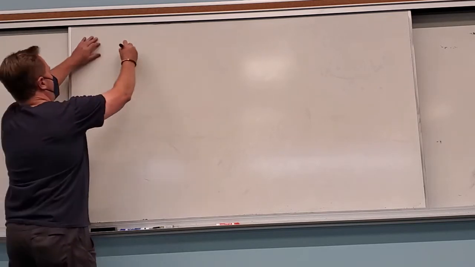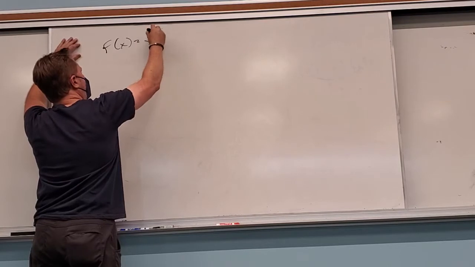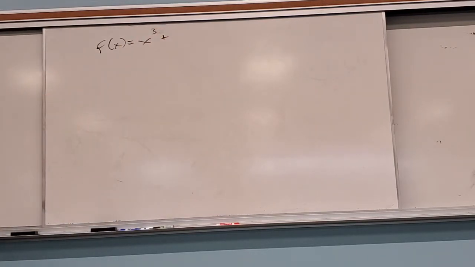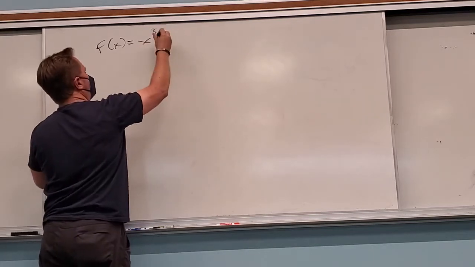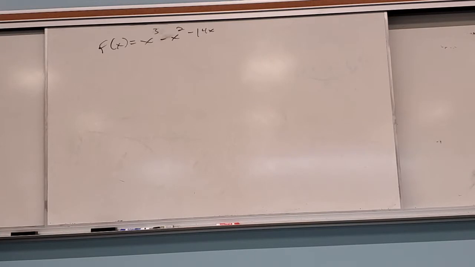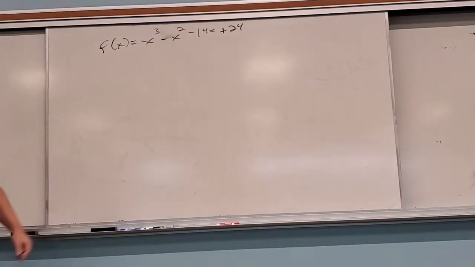All right, let's see if I did this right. So let's say I have x cubed. Okay, let's make things regular for Jeff. That would be nice. Plus x, no, minus x squared minus 14x plus 24. Does grouping work on this?